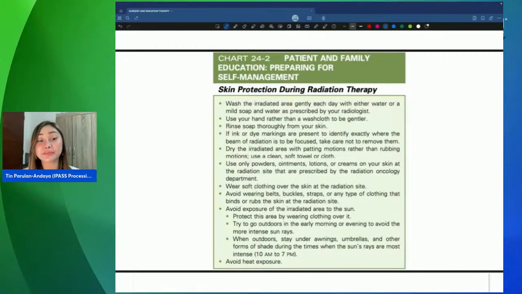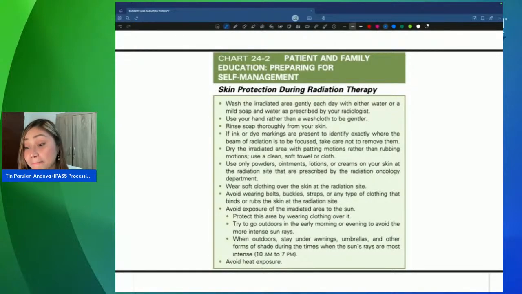So what is our NCLEX tip here? If you get a question, which instruction is correct for a client receiving external radiation? The safest answer is what? Anyone? Let's try to answer. Kindly type your answer here in our chat box.